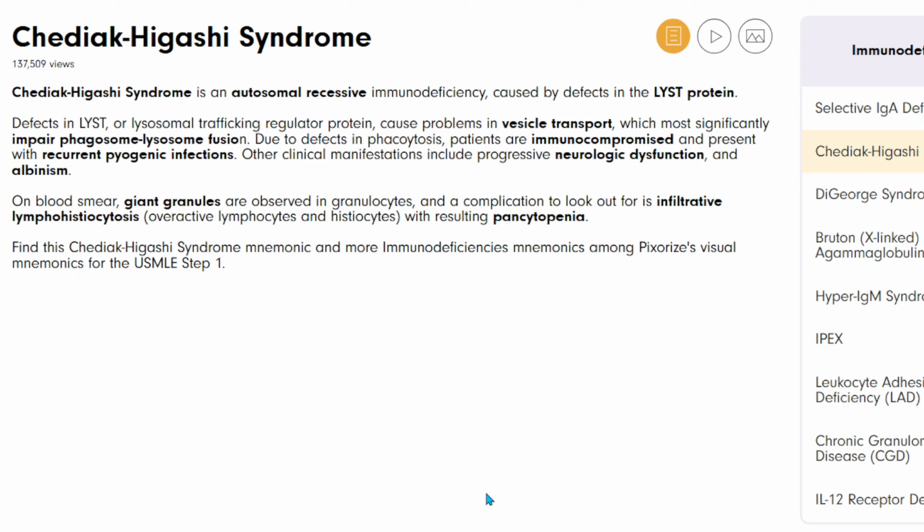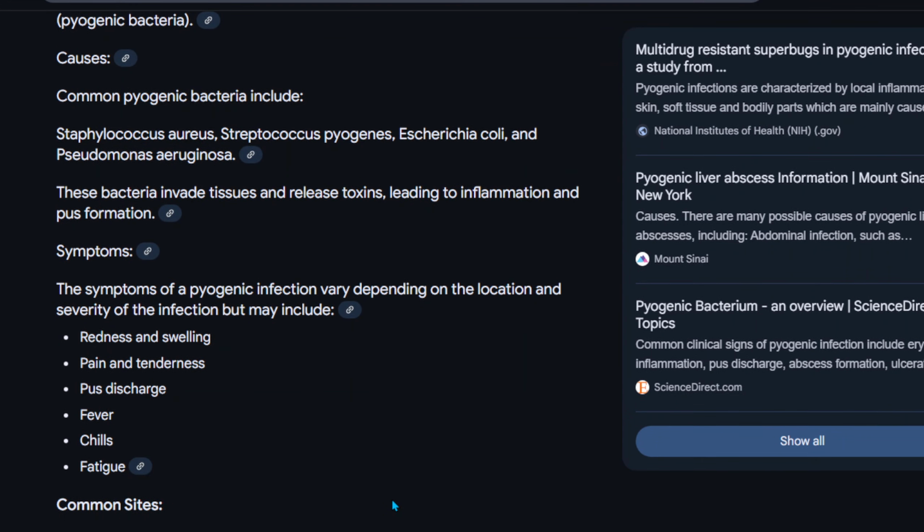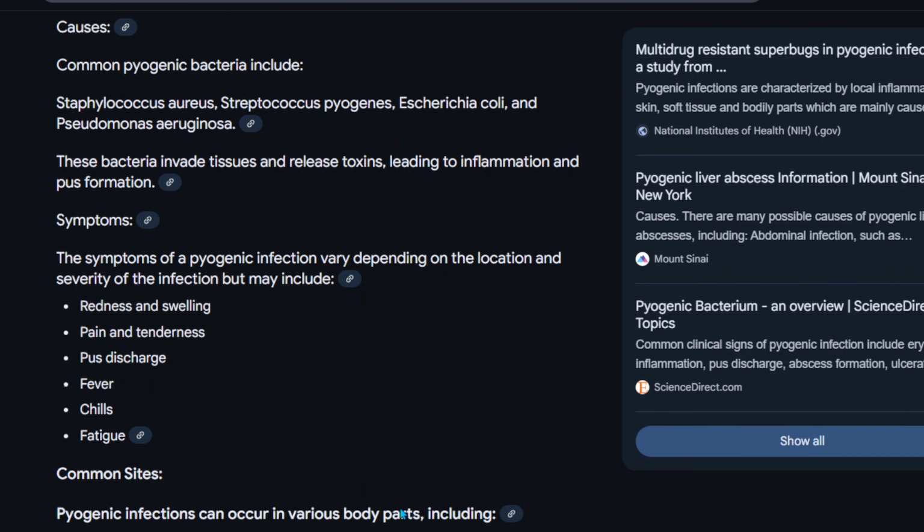Due to the defect in phagocytosis, patients are immunocompromised and present with recurrent pyogenic infections. Remember, a pyogenic infection is an infection caused by bacteria that produce pus. The most common causes of pyogenic bacteria include Staphylococcus aureus, Streptococcus pyogenes, Escherichia coli, and Pseudomonas aeruginosa. Those bacteria invade the tissues and release toxins, leading to inflammation and pus formation.